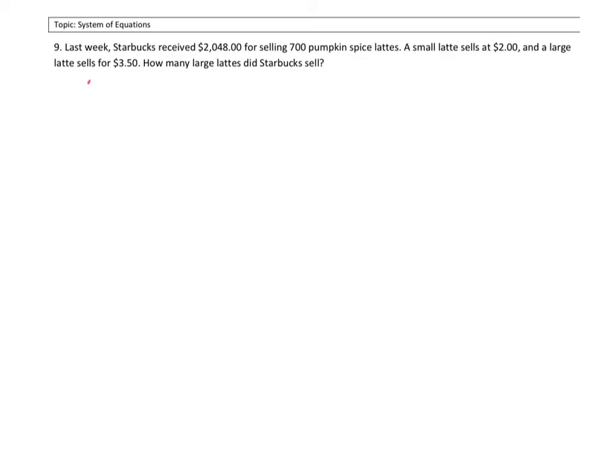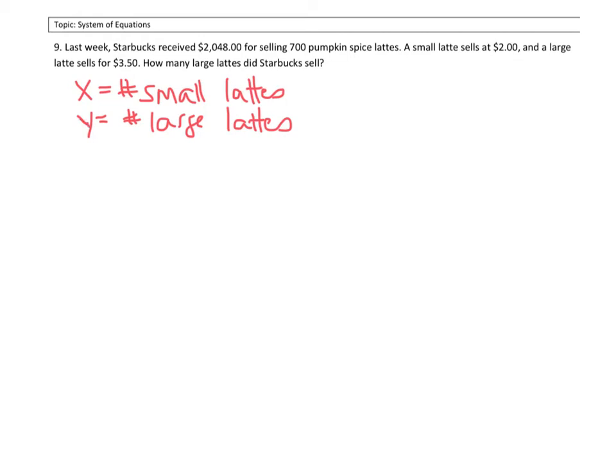We don't know how many small lattes or how many large lattes were sold. Okay, so those are my variables that I defined. X is the number of small lattes and Y is the number of large.